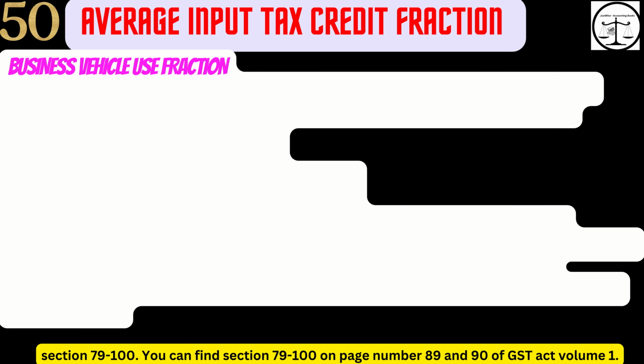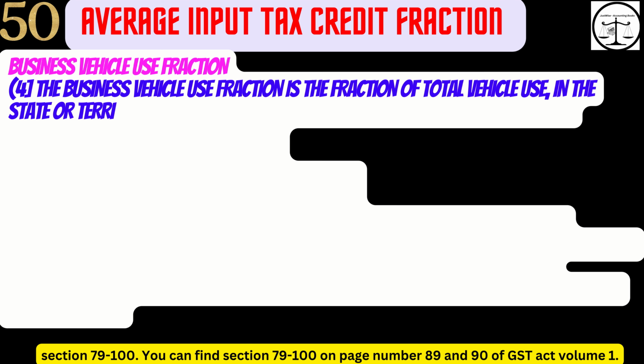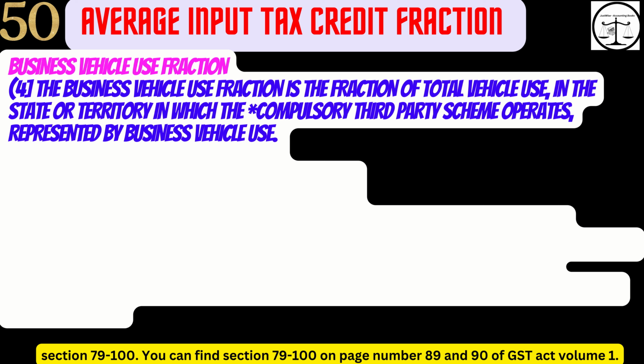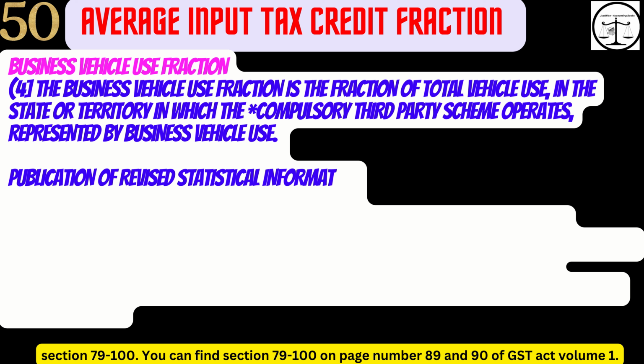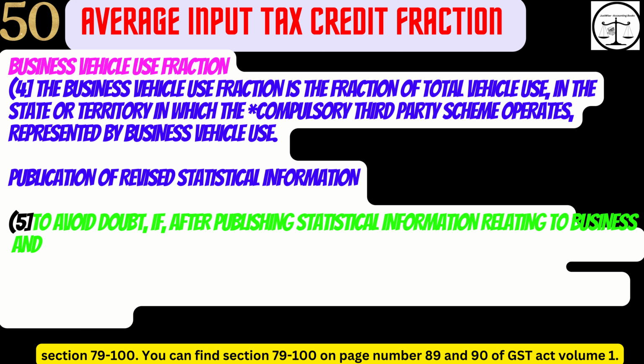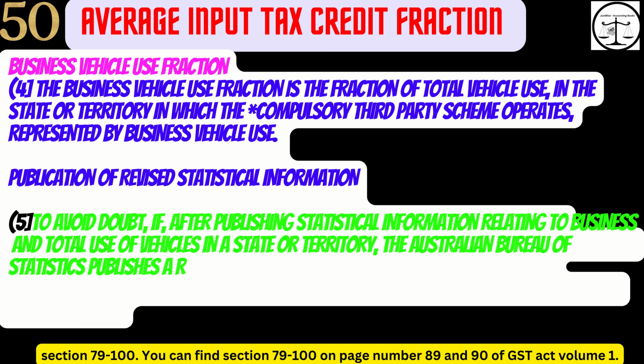Business vehicle use fraction. 4. The business vehicle use fraction is the fraction of total vehicle use in the state or territory in which the compulsory third-party scheme operates, represented by business vehicle use. Publication of revised statistical information. 5.